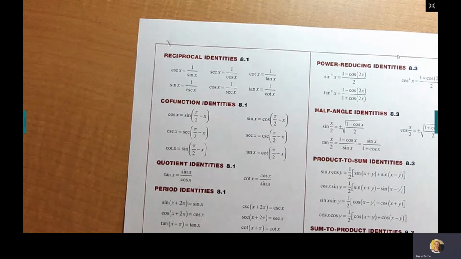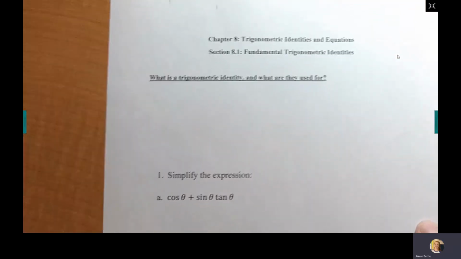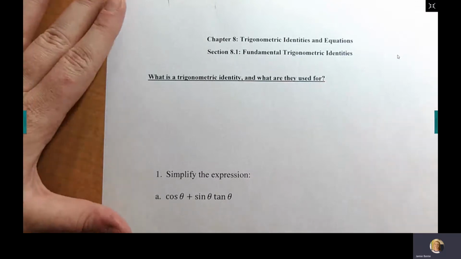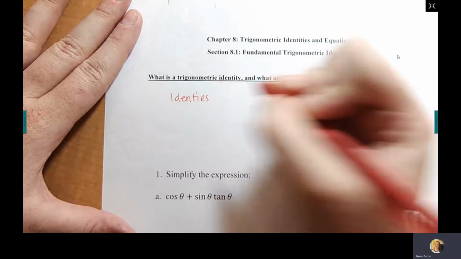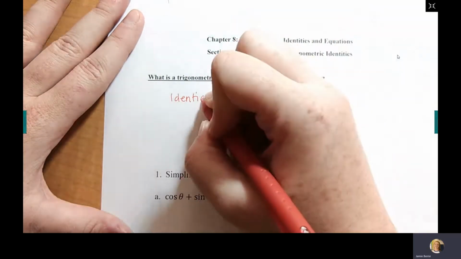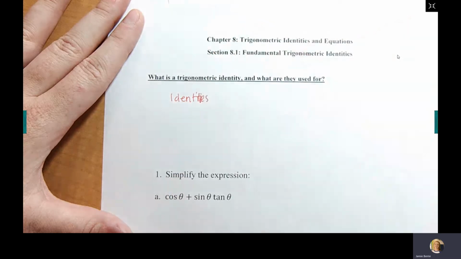But let's get started. We're going to talk just briefly about what identities are and what they're used for. So identities, I mentioned this in chapter 7, but identities are equations that are always true. Identities, this is not how you spell it.